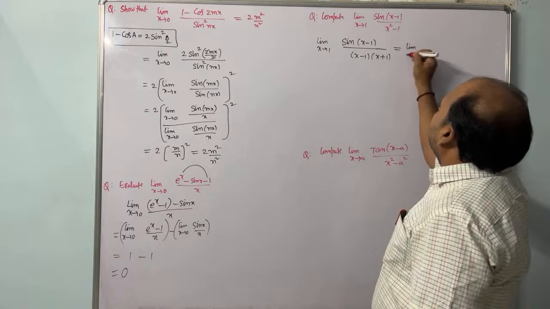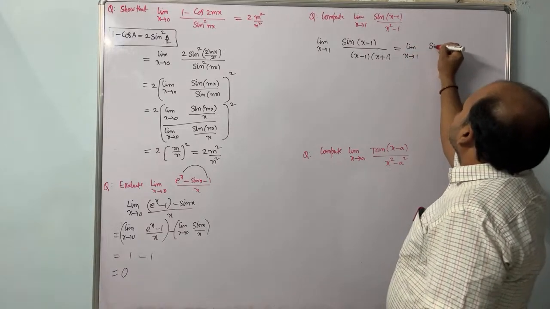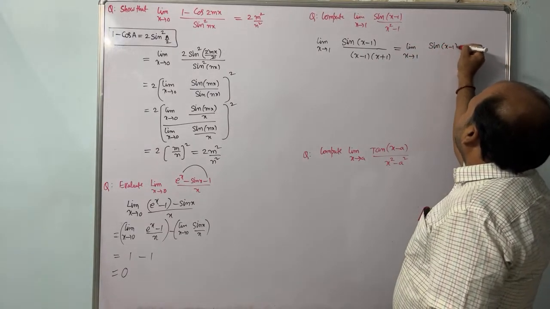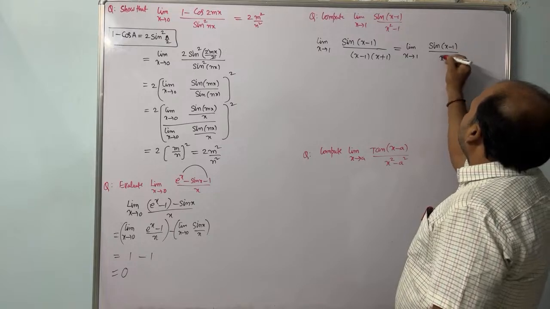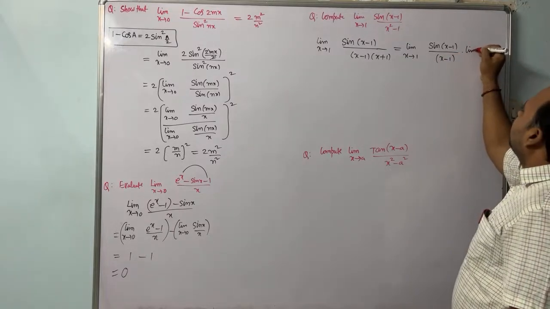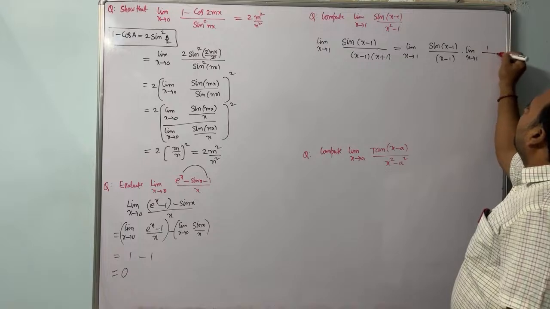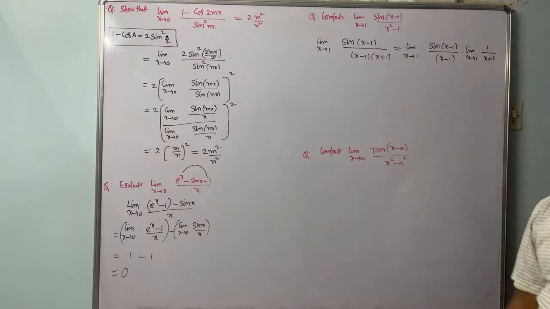Limit x tends to 1, sin of x minus 1 divided by x minus 1 into limit x tends to 1 of 1 by x plus 1.